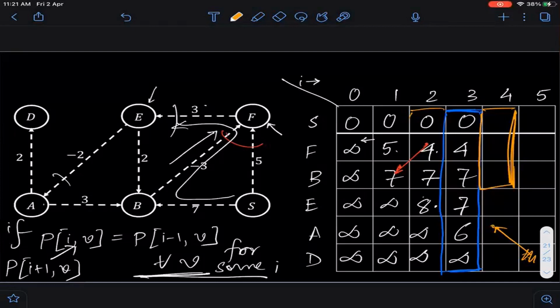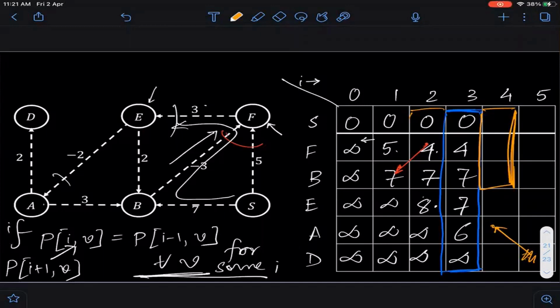Okay. But now there is a trouble, right? If you just maintain these 2 columns, how are you going to do the recovery? Okay. So that's a problem. Now it turns out, I'm not going to discuss this because it makes the discussion messy, but please read it up. It's written in the book. Now it turns out quite magically that it suffices to keep the last pointer for every vertex.